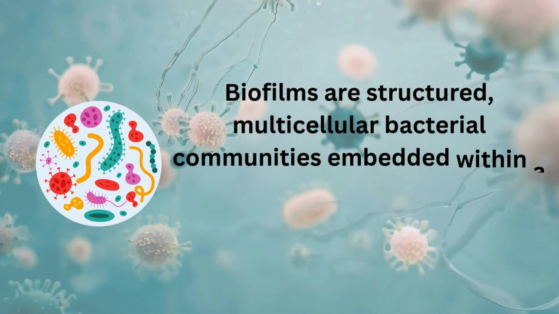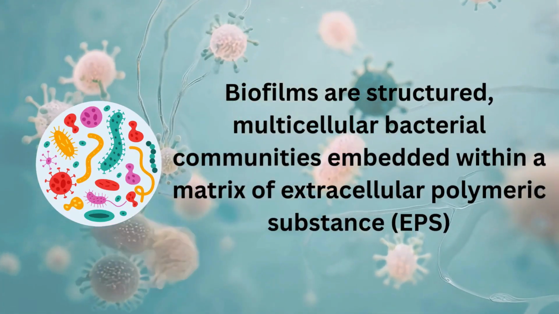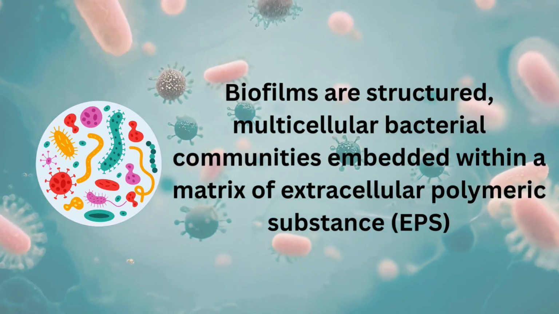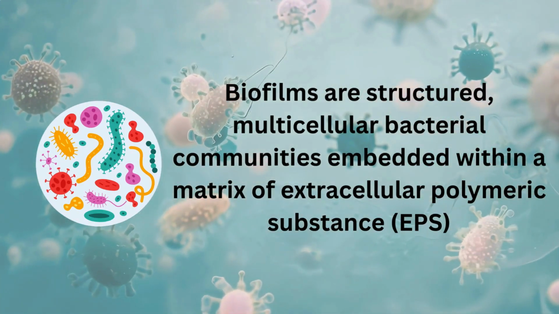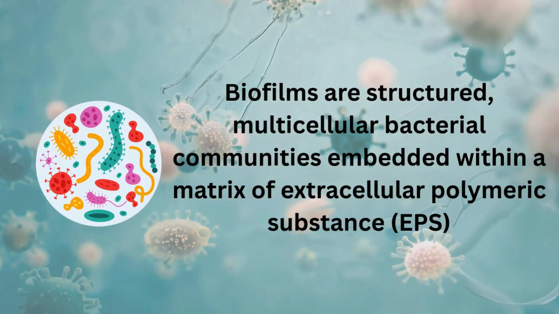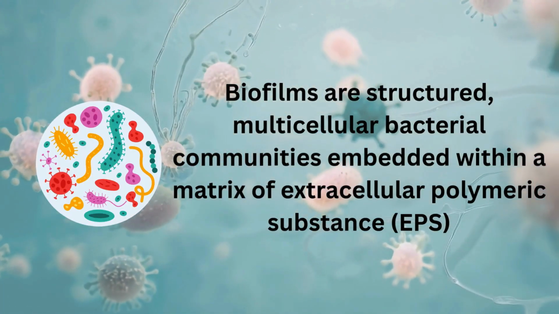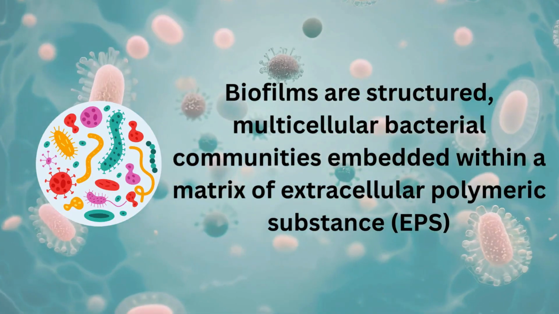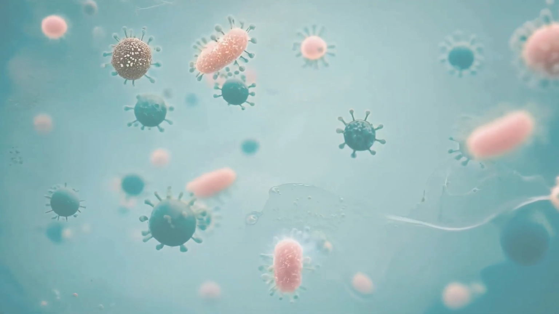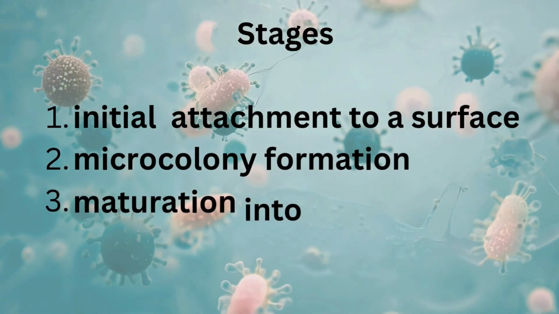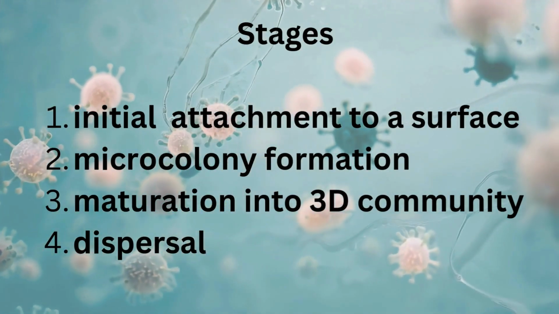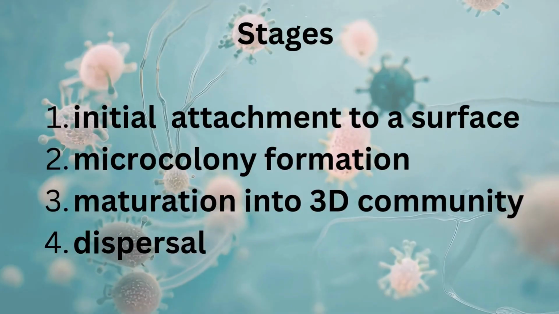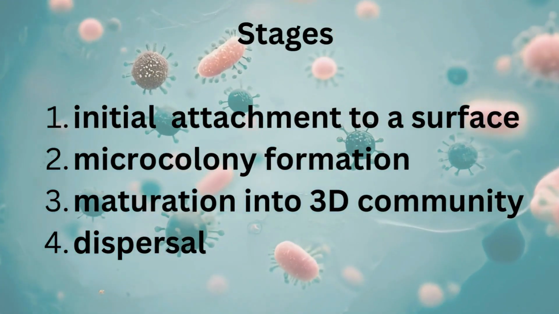Biofilms are structured multicellular bacterial communities embedded within a matrix of extracellular polymeric substance, or EPS, which is largely derived from the glycocalyx. Biofilm formation typically occurs in stages: initial attachment to a surface, microcolony formation, maturation into a 3D community, and eventual dispersal.